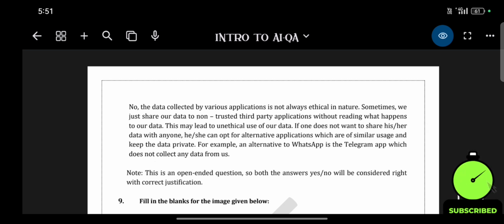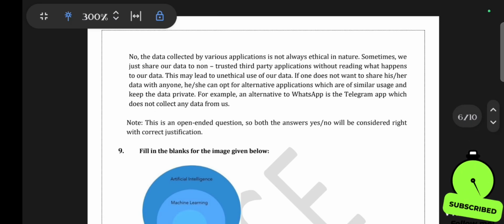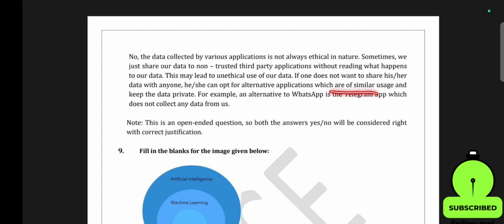If one does not want to share his or her data with anyone, he or she can opt for alternative applications which are of similar use and keep the data private. For example, an alternative to WhatsApp is the Telegram app, which does not collect any data from us.